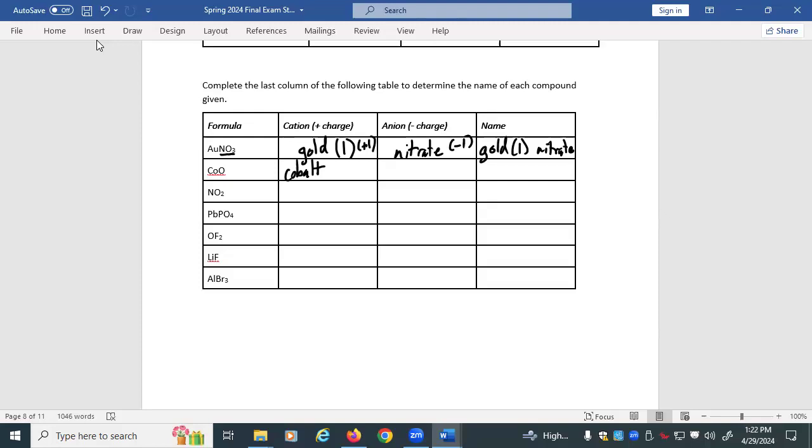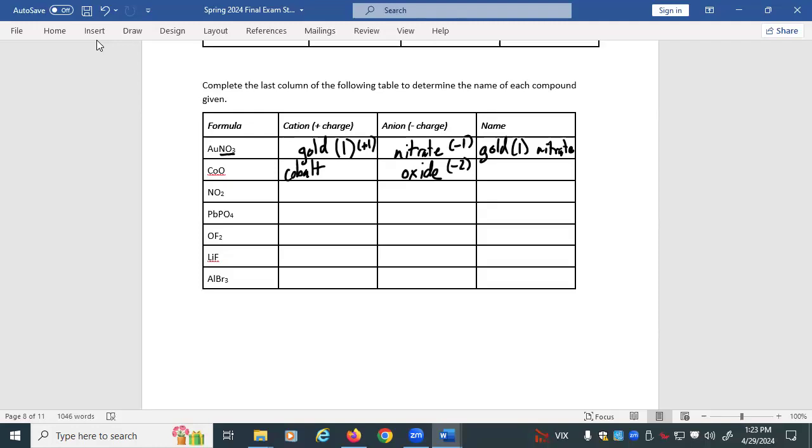So this isn't a polyatomic ion, it's just oxygen by itself. Anytime you have an element by itself, we know that we are dealing with an -ide for the ion, and the oxygen version of that would be oxide. I look at the periodic table, oxygen's in group 16, elements in group 16 have a -2 charge.